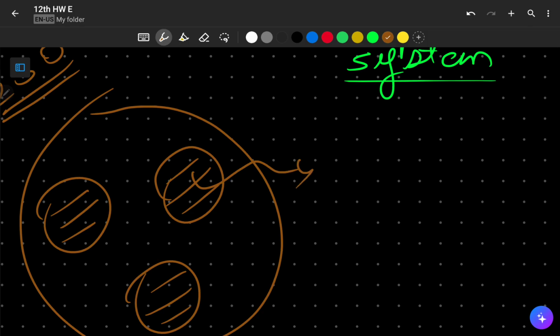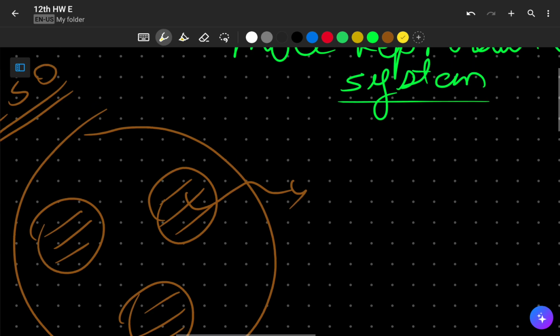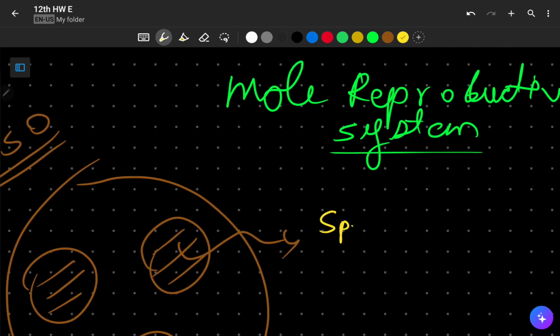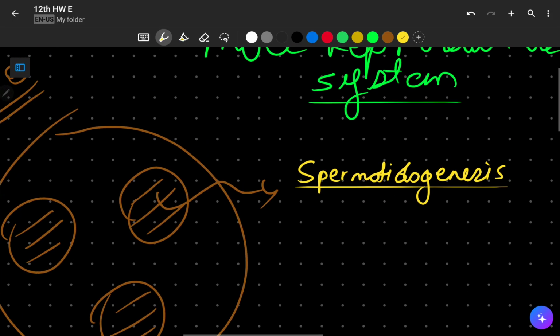So let's understand how a sperm is formed, some basic concept. So let's start with the first phase, which is called as spermatidogenesis.